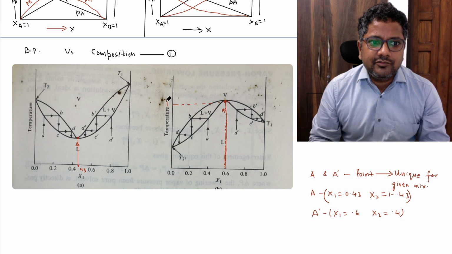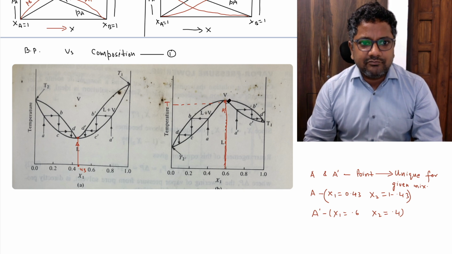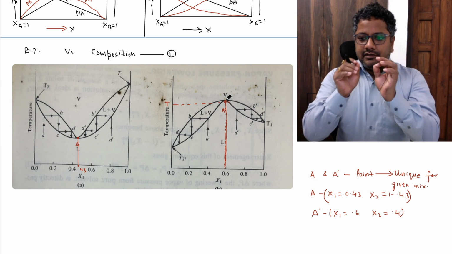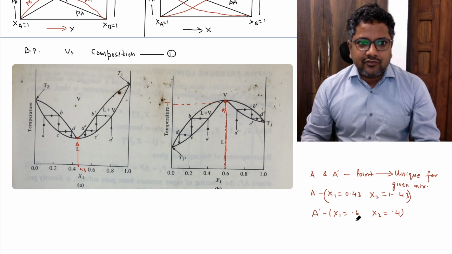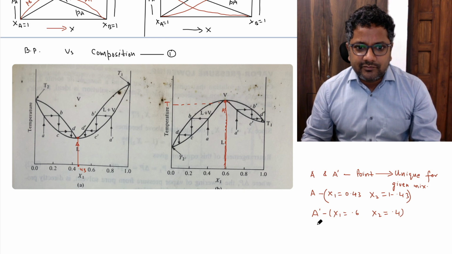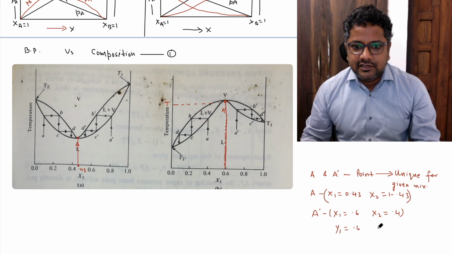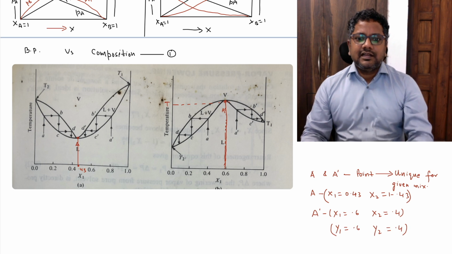if you bring the system to this temperature, with this composition, the liquid phase mole fraction and vapor phase, suppose the question is asked, tell me what is the vapor phase composition here. So vapor phase composition is here, y1 is equal to 0.6 and y2 is also equal to 0.4, right?